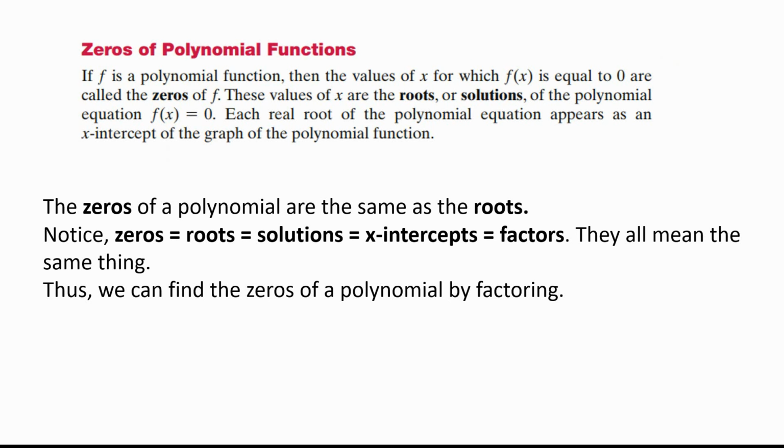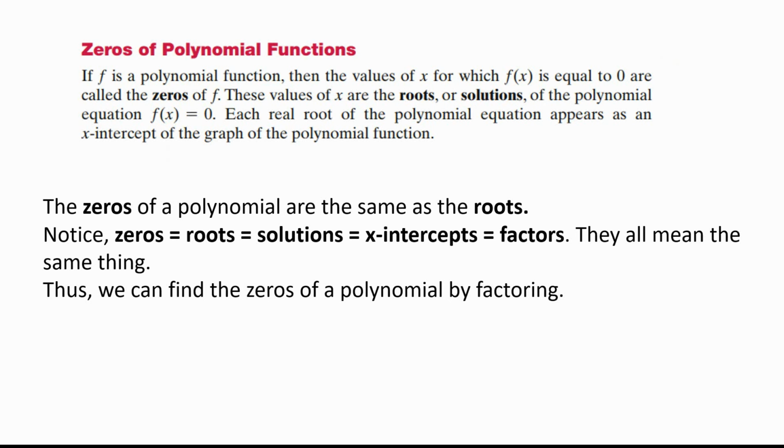So on the test, if I say, what are the zeros for the function? You better not write a 0 down there. I've had that happen. Anyway, the zeros of the function is the same terminology for the root.